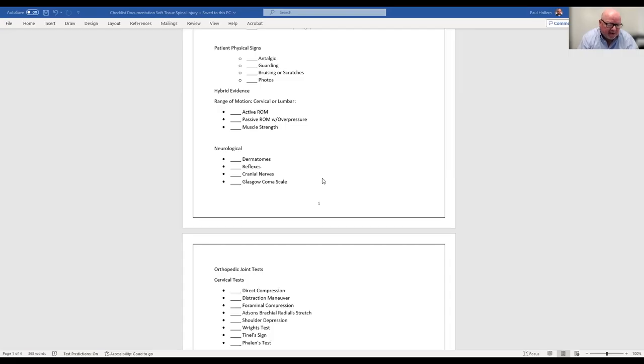It's significant because you have very little space in the spinal canal at that segment. So that's way more significant of an injury than if it was at C5, C6, where there's a lot more canal space.